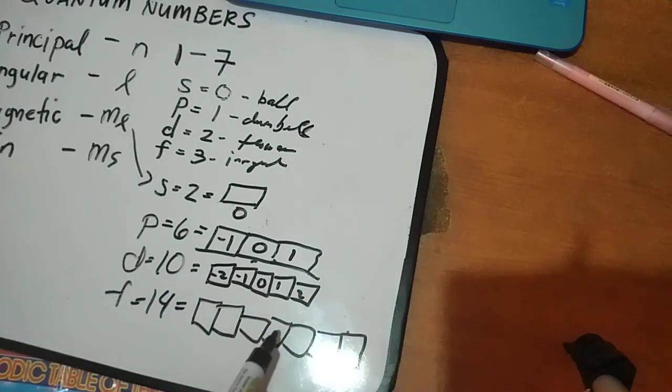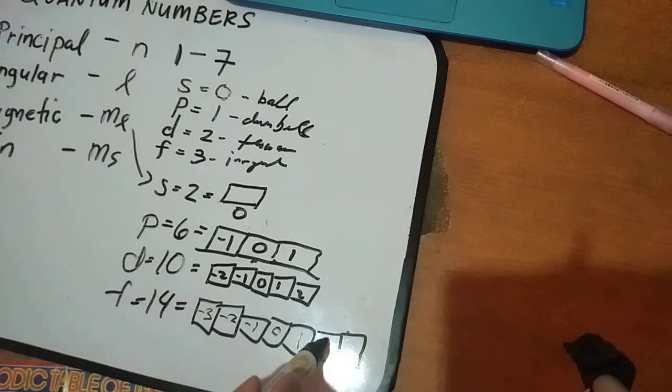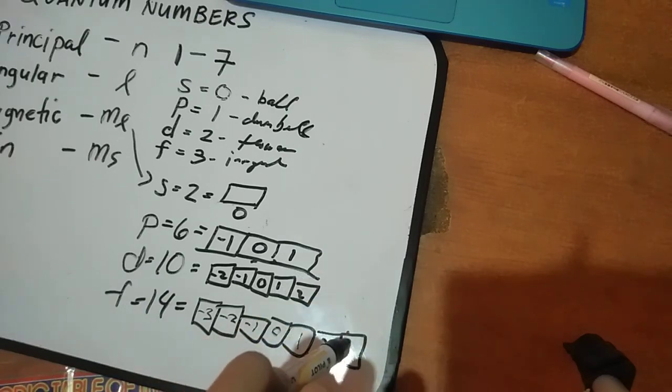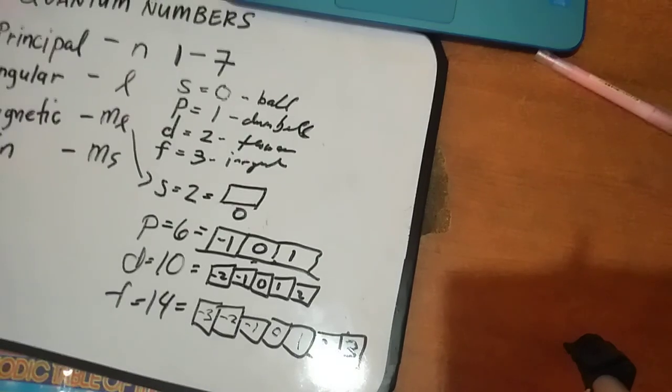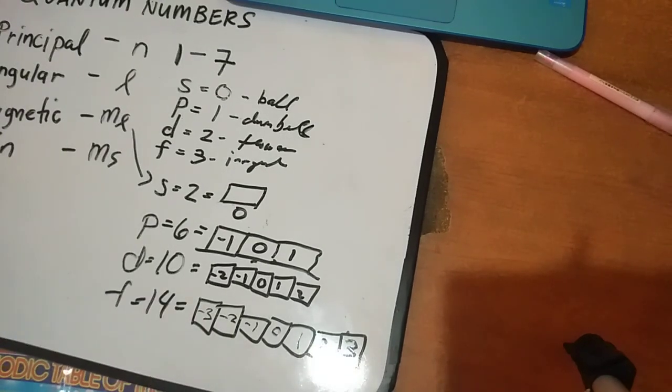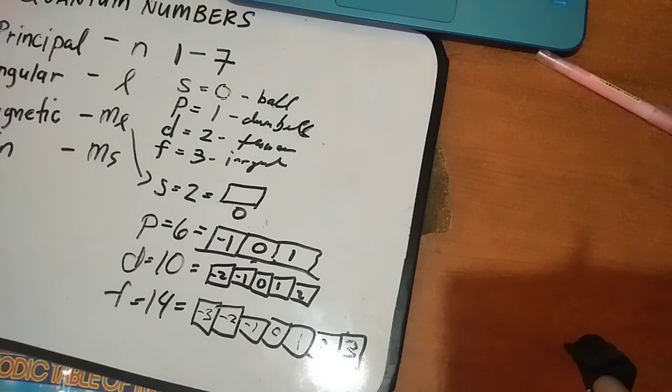Dito naman, 0, negative 1, negative 2, negative 3, 1, 2, 3. Okay? So, ayan yung mga values. Kung saan mag-i-end yung spin mo, yung last electron na ilagay mo dito, based sa orbital diagrams, ayan yung gagamitin natin.